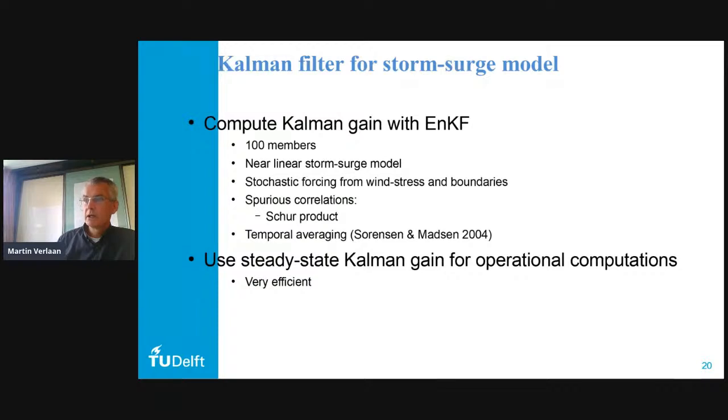And we also apply a Schur product to remove the effects of spurious correlations. And we also applied some temporal averaging that you can look up in the reference there.